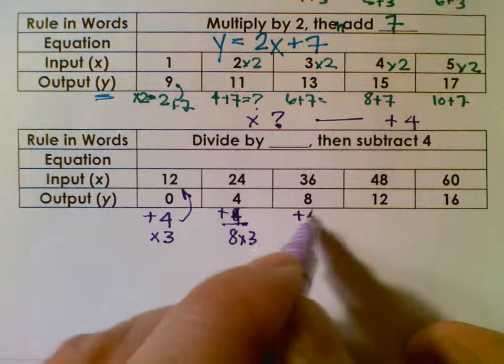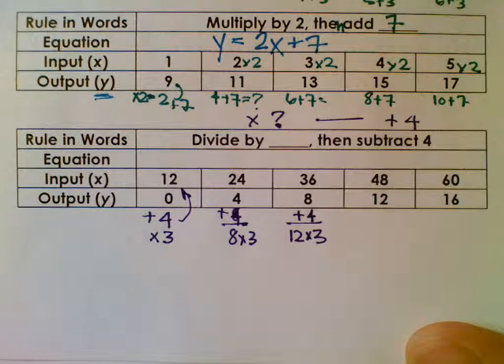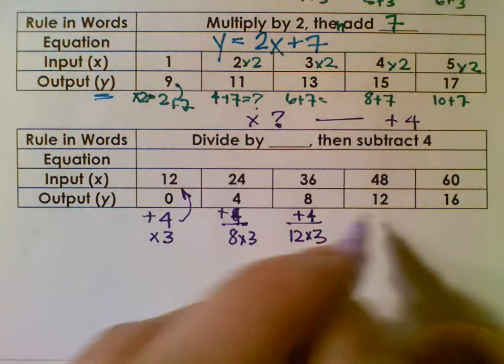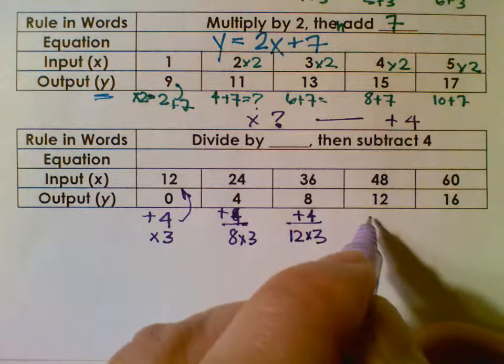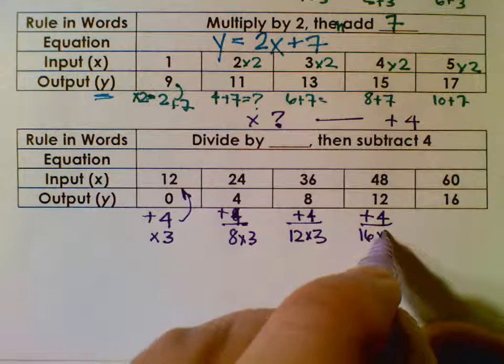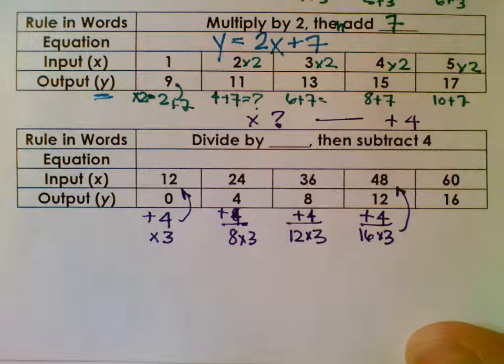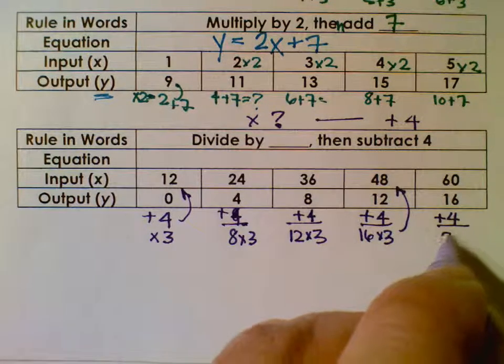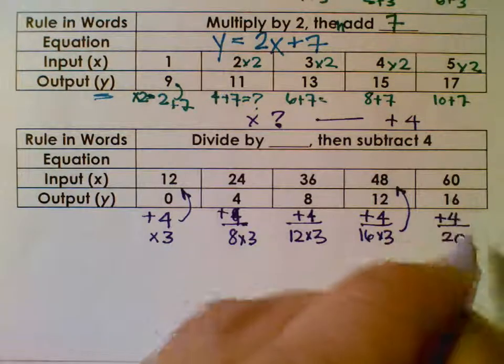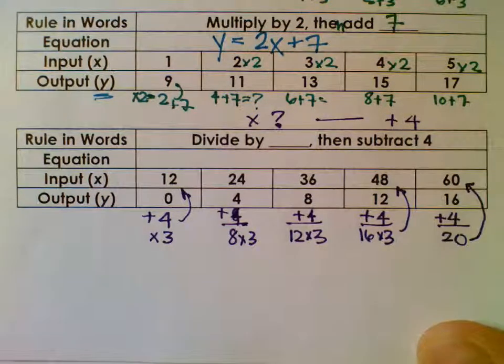If we add 4, that's going to give us 12. 12 times 3, does that give us 36? I think so. 12 plus 4 is 16. 16 times 3, that should give us 48, which it does. And then 16 plus 4 is 20. And if we multiply that by 3, we should get 60.